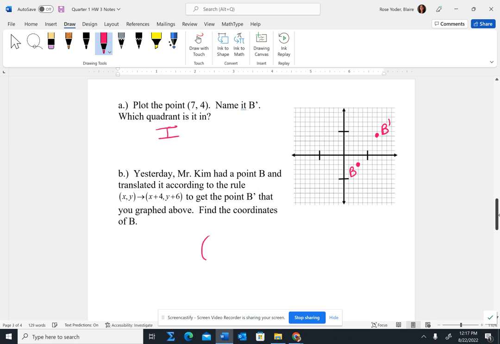The coordinates of B are 3 over to the right, 3 and down 2. So 3, -2. So maybe I'll make a little note on this that we should be working backwards.